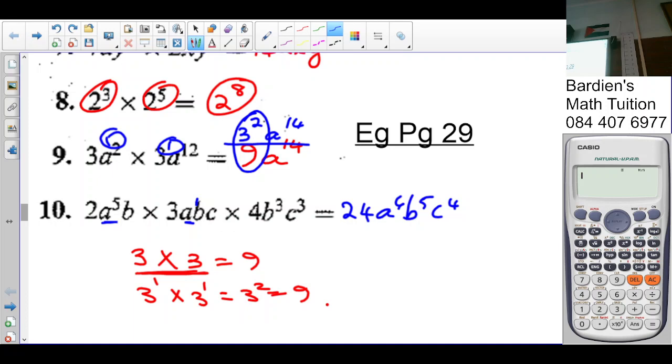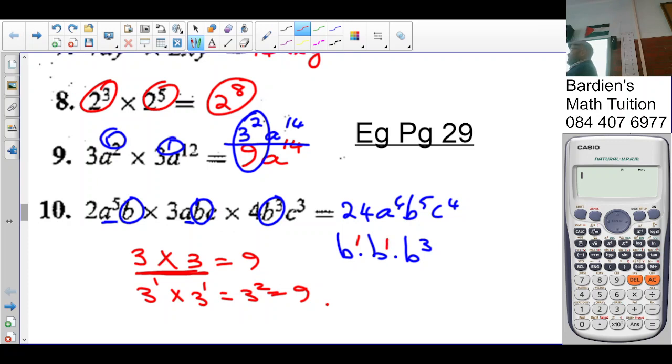Here's the b. b, b. So what is b times b times b cubed, Michael? You don't know? If there's no exponent on the b, then what is here? A 1. And here? A 1. So what's b times b times b cubed?